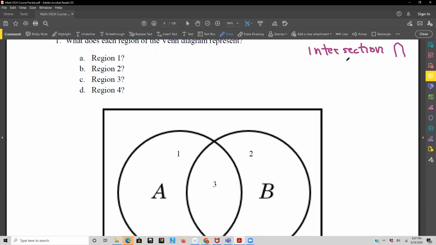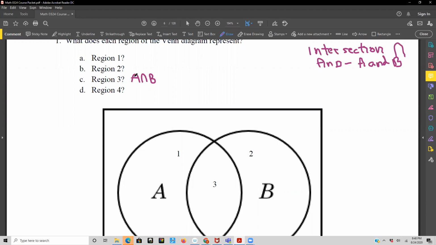And the way that I remember it, it looks like the word and. I can fill that in and make it an and. It's what's common to both A and B, what's in A and B. So region 3 is the overlap. That's what's in common. So region 3 would be the intersect, so it's A and B.